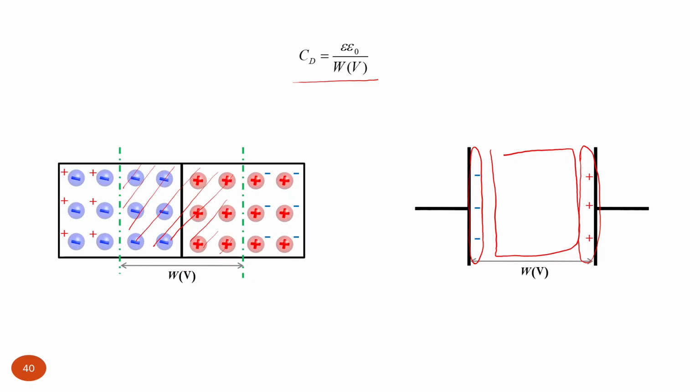That's not the case in the depletion region of the PN junction, because in a PN junction we have space charge, and space charge is distributed. So we have negative electric charge distributed here, positive electric charge distributed here. So actually the whole volume has electric charge.